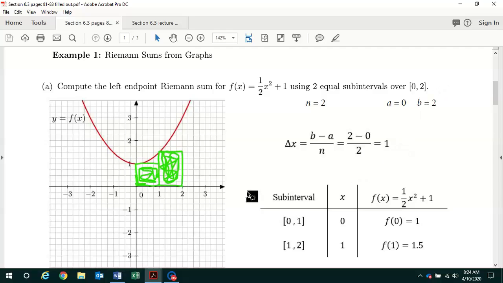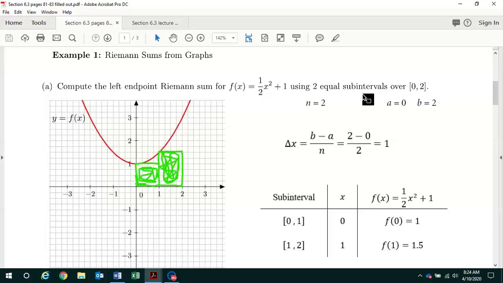So here is the graph of the function f of x equals 1/2 x squared plus 1, and we're going to estimate the area under this curve from x equals 0 to x equals 2. That's what this means over here. So we're going to estimate this area under the curve and above the x-axis from x equals 0 to x equals 2.